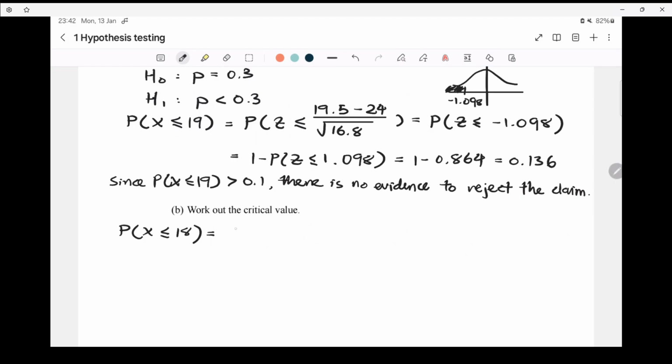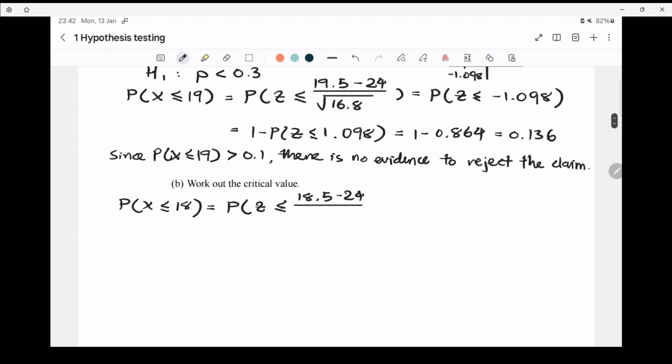So doing the same approximation, because of the equal sign, you use 18.5 minus 24 and then divide by the square root of 16.8. So this is P(Z ≤ -1.342). So similarly, this is 1 minus P(Z ≤ 1.342).